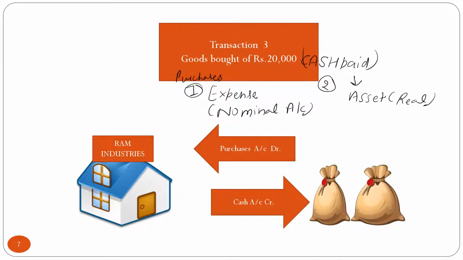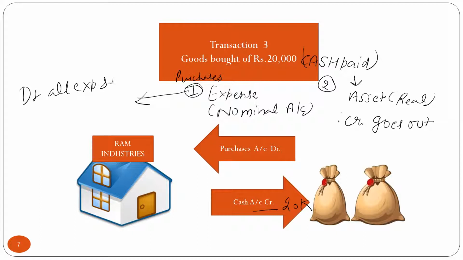If cash is paid, it means an asset goes out. So credit what goes out. So cash would be credited by 20,000. And if there is an expenditure, the nominal account rule says debit all expenses and losses.